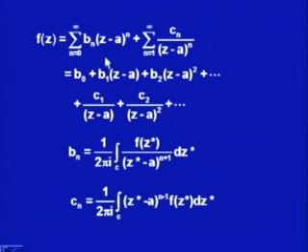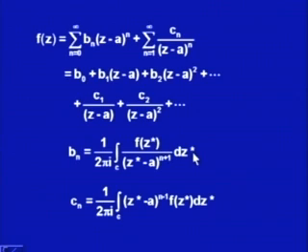Here the coefficients b n are expressed as 1 upon 2 pi i integral over C, a closed curve, and the integrand is f z star divided by z star minus a raised to power n plus 1 into d z star.